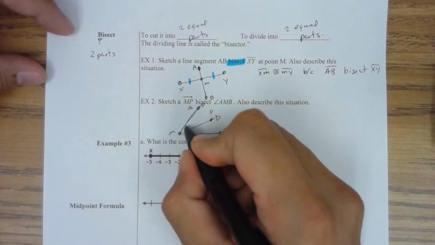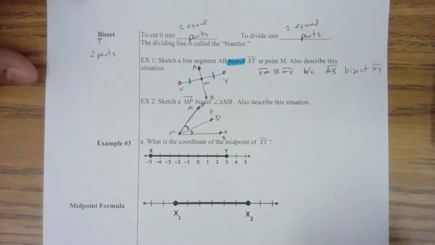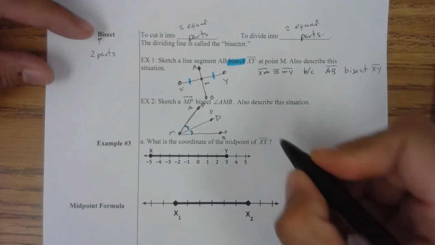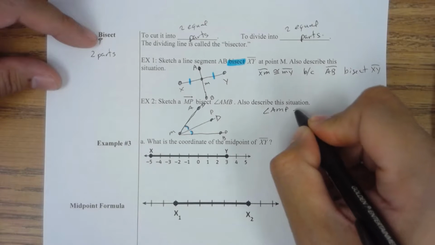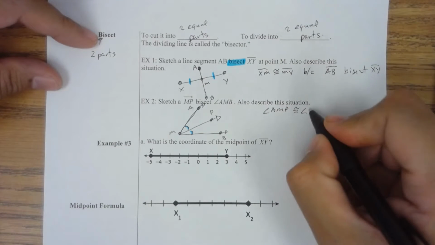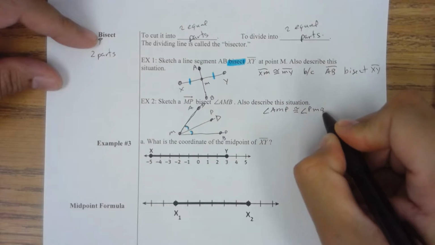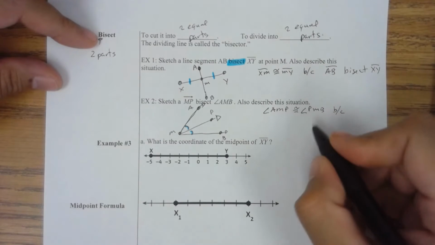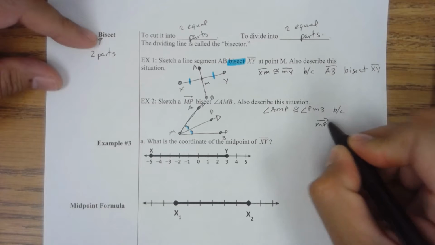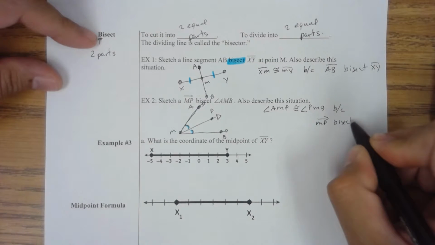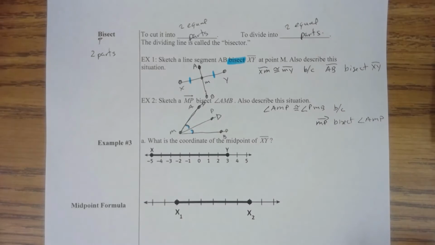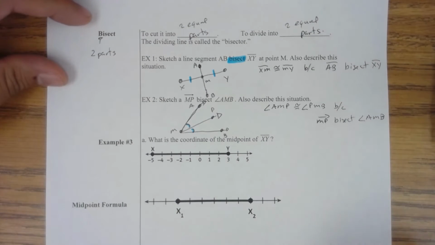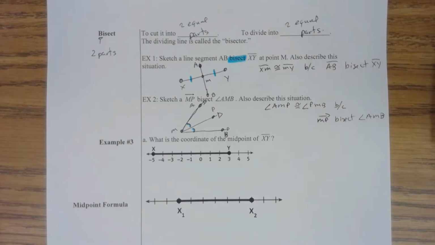So we want to make this mark here, kind of like an arc. Okay, an arc is really a tick mark, and we know that angle AMP is going to be congruent to angle PMB. Why? Because ray MP bisects angle AMB. Okay, so that's it, bisect.